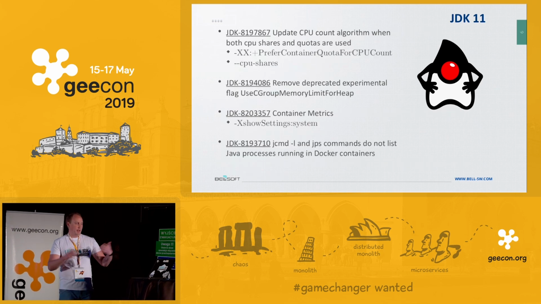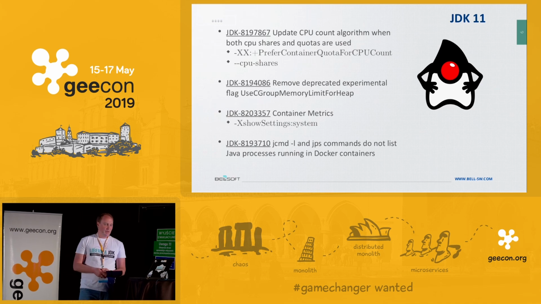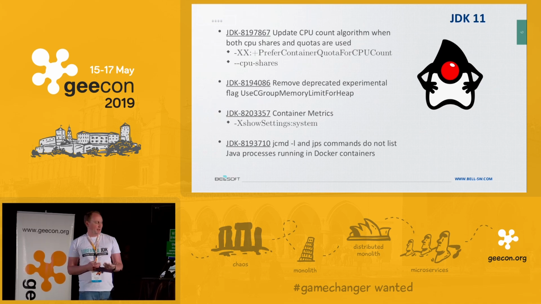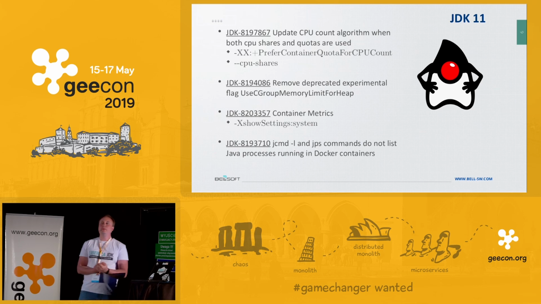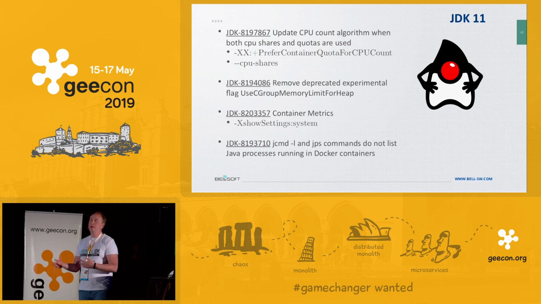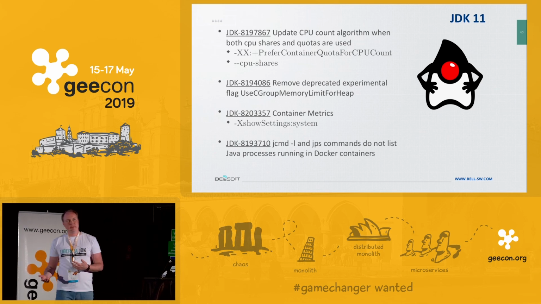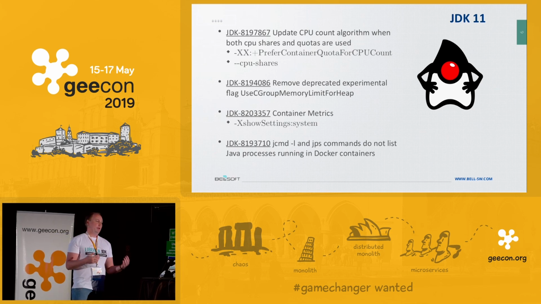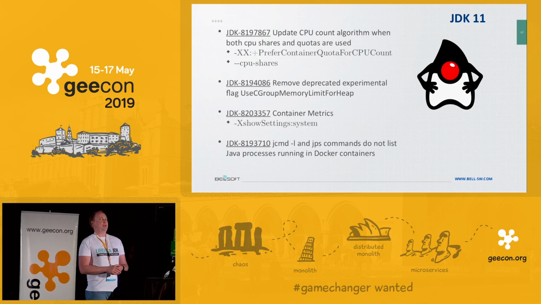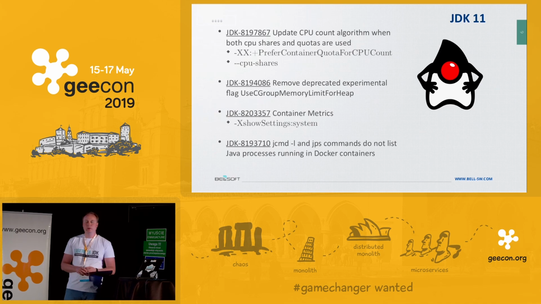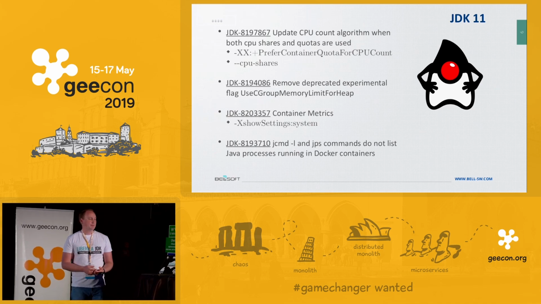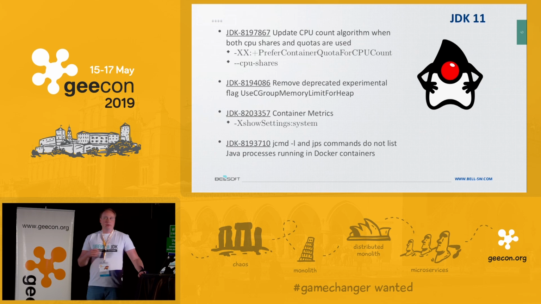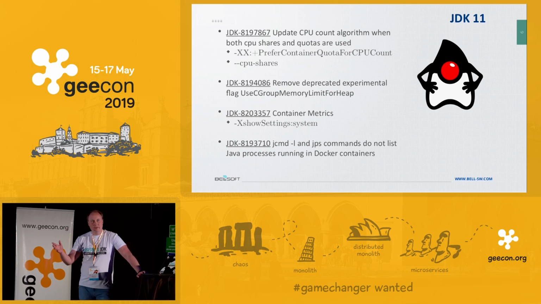Long way, and now Java 11, where, again, some things were redone, like deprecated functionality has been removed. You've got more information about the current knowledge of container inside Java. You get finally working management tools.